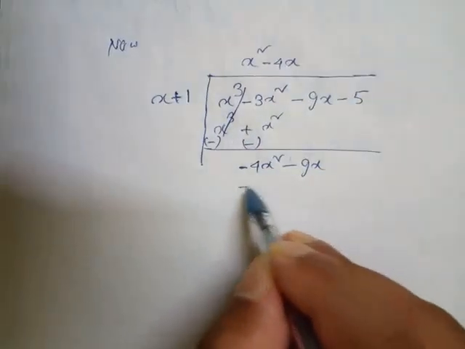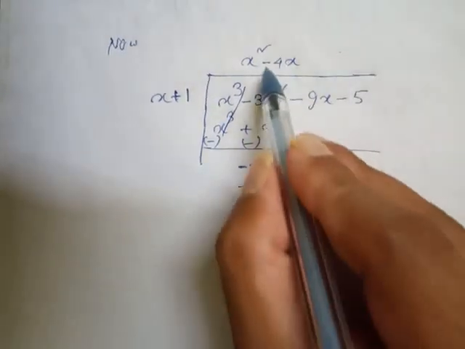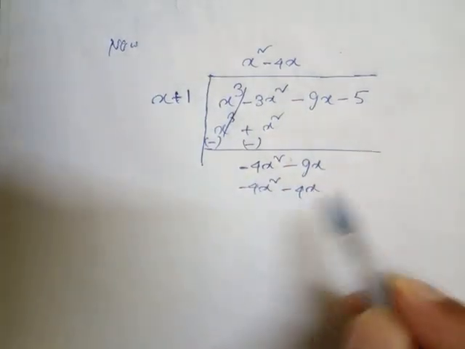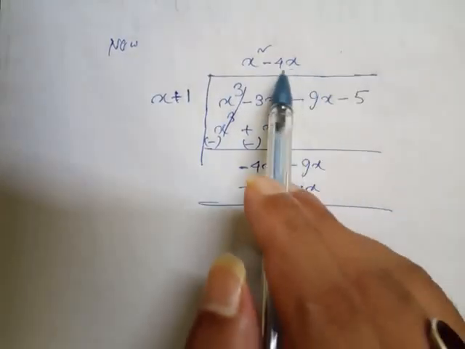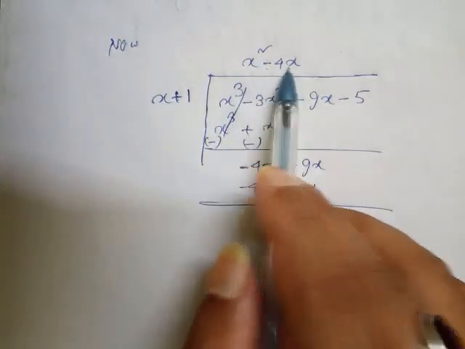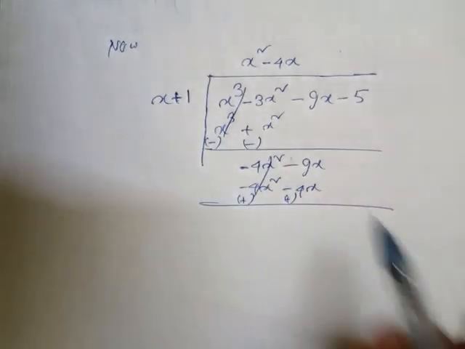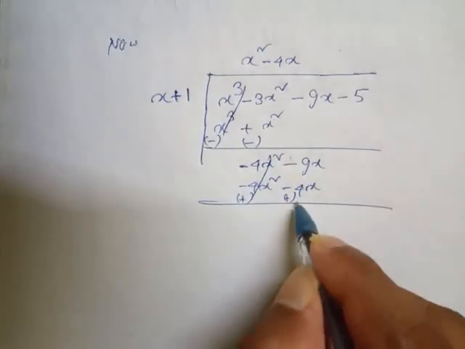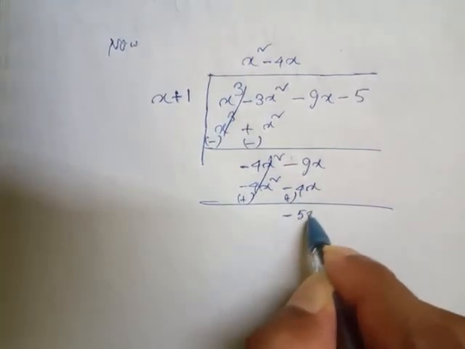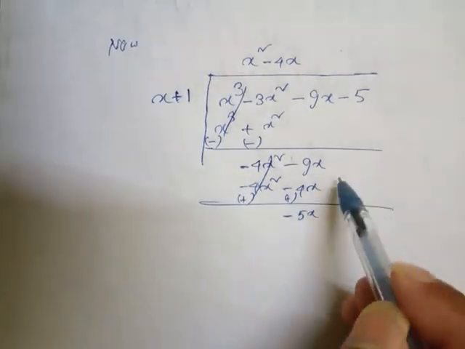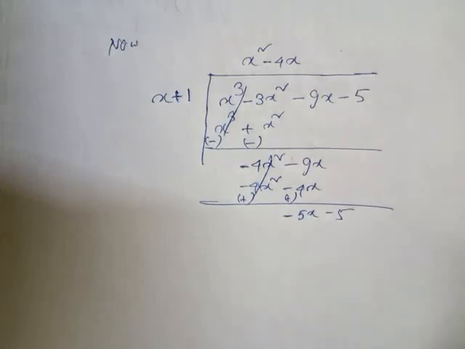Minus 4x into x means minus 4x square, and minus 4x into 1. Now this will change again, cancel this. Minus 9 and there is plus 4, which means minus 5x. I repeat again, minus 9 plus 4 means minus 5x, and this minus will be here. It can be right here also, no problem with that.